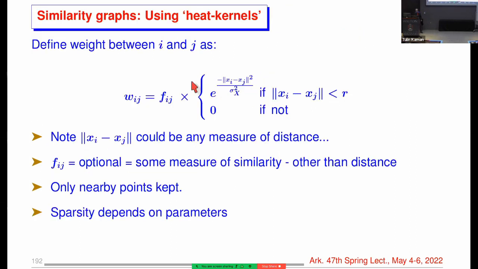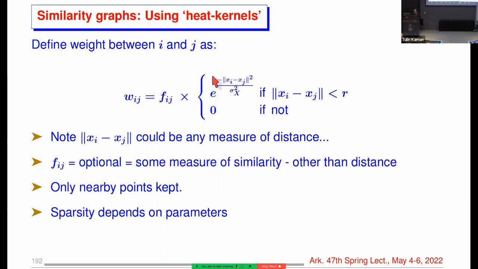The one thing that's commonly used for weights is to define this. This is actually something that's used in things like segmentation and so on. So here you have some scalar which defines some measure of similarity. You can think of this as just a constant equal to 1, for example, in the simplest case.